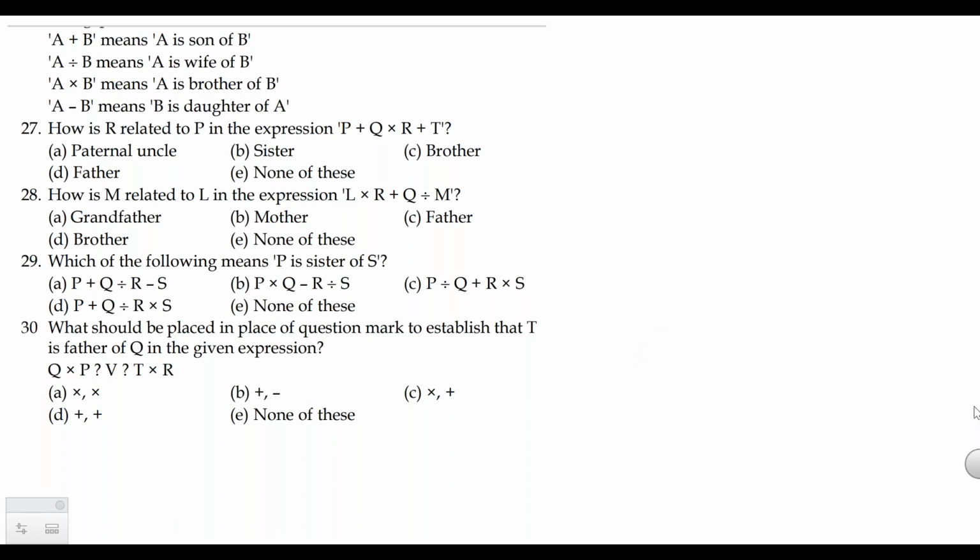Any doubt in this? Okay, A, C, E, D. 28 should be B or C.